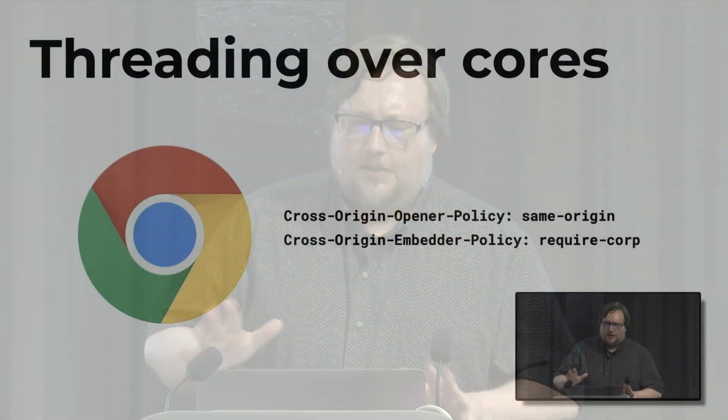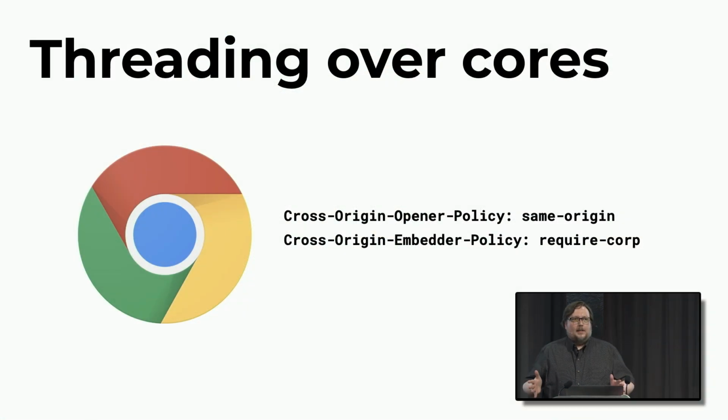Now, browser support is still incomplete. It's mainly Chrome that has things released. Firefox is coming soon. There will be some requirement to use these new cross-origin opener policy and cross-origin embedder policy and other funky new headers, which is primarily to ensure that sites are opting in to the use of shared memory.